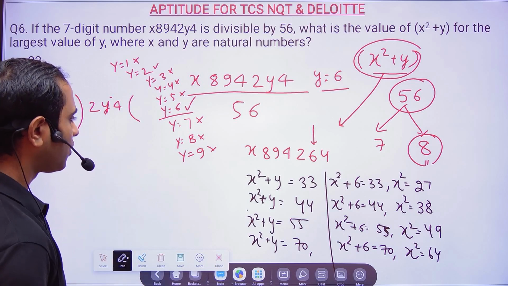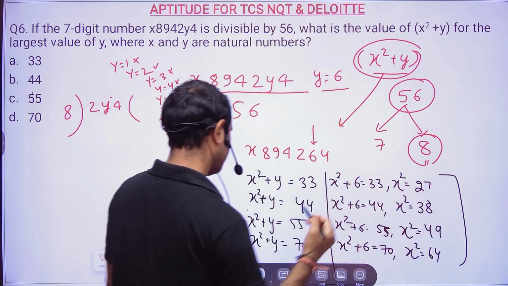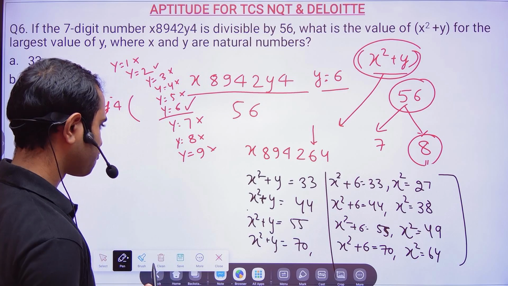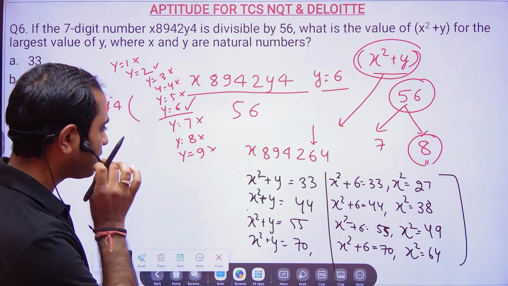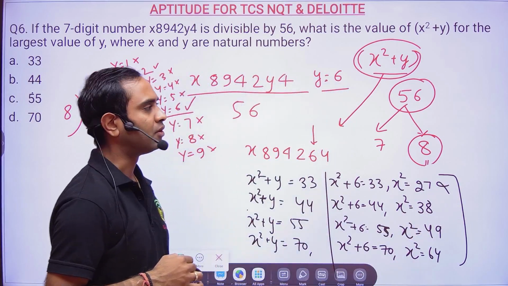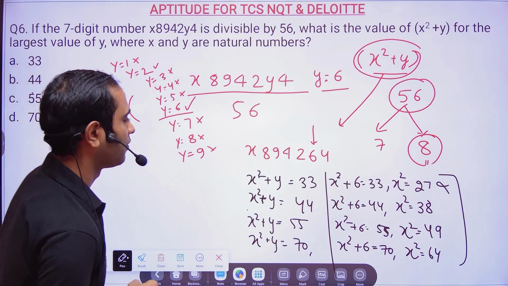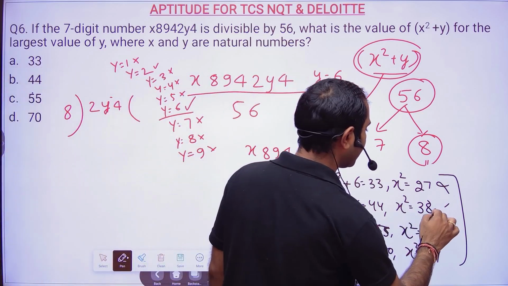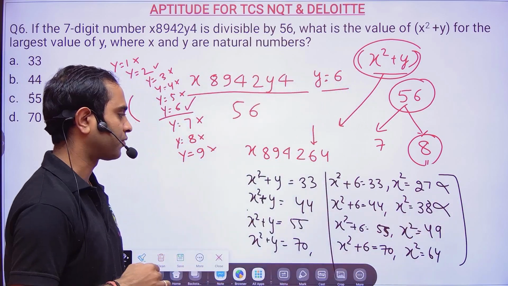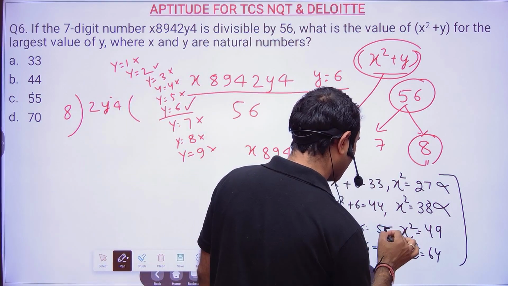Now you have to tell me, is x square value 27 possible? No, it is not possible. For the value of x square 38, is it possible? No, it is not possible. Now, the value of x square, 55 minus 6 is 49, so 49 plus 6.